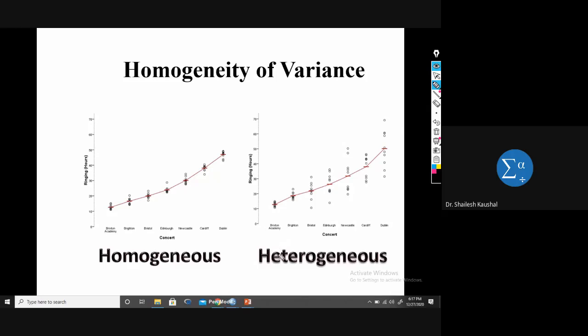There are two types of data. Here it is a case study of ringing hours, from 0 to 70, and there are some programs, like Brixton Academy, Brighton, Bristol, which are music bands.